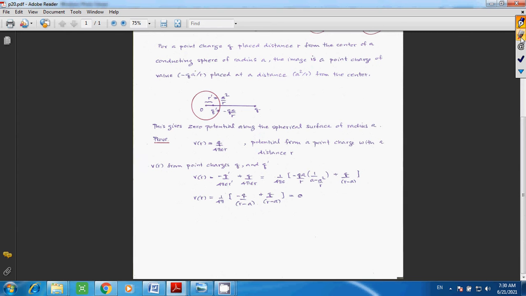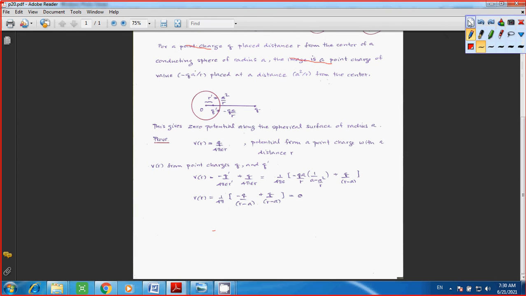Okay, let's get started. You start with the equation of the potential, V(R) equals q over 4 pi epsilon R. That's the potential from a point charge at distance r from the center of the sphere.